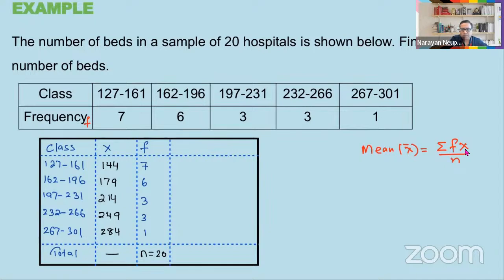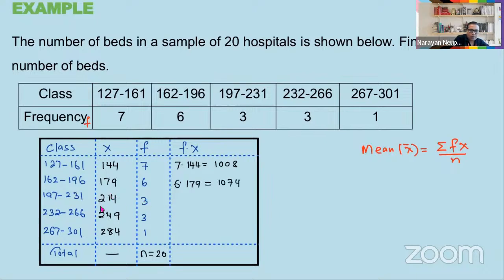We have f and x both, but I need the product of f times x. So in the next column here, we are going to find the product and then add it later on. So what we are looking for is f times x. The first one is 7 times 144, which is equal to 1008. Next one, we have 6 times 179, which is 1074.